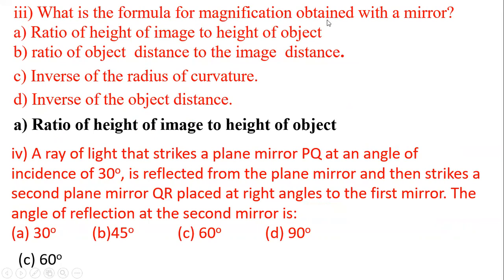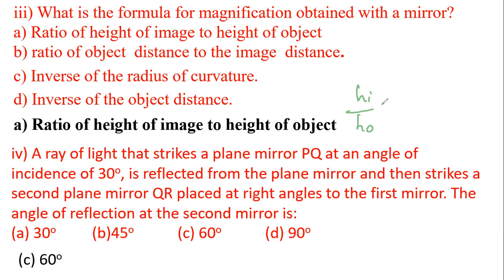What is the formula for magnification obtained with a mirror? Yes, magnification, you know, right? Every time we take the ratio of height of image by height of object. Then B is a ratio of object distance to the image distance.